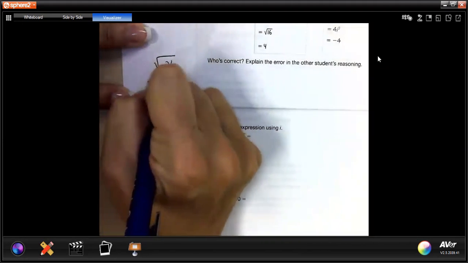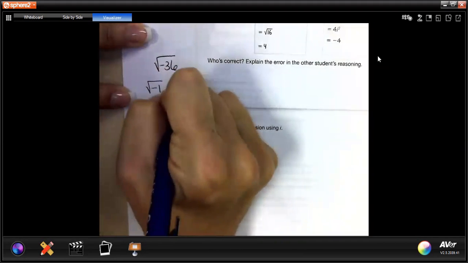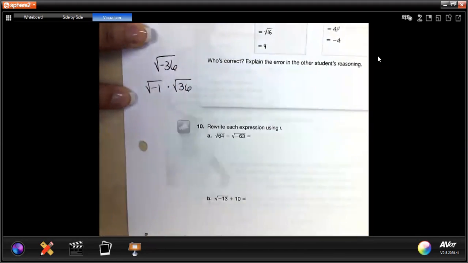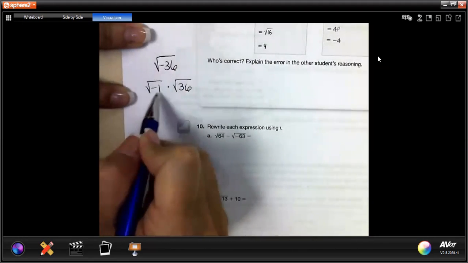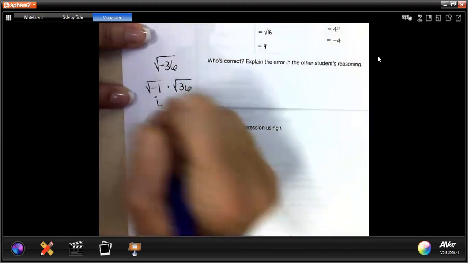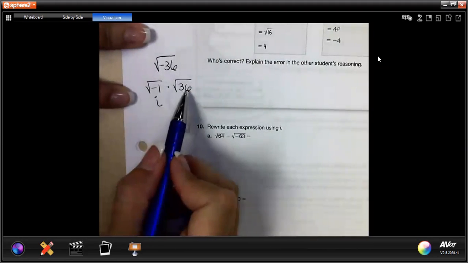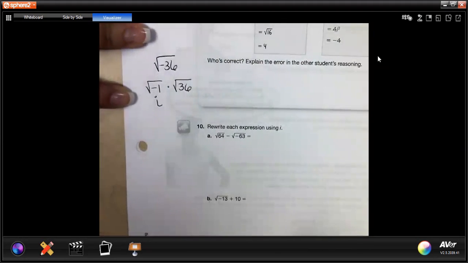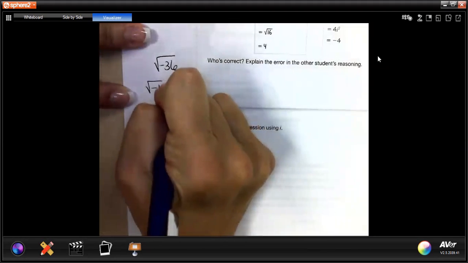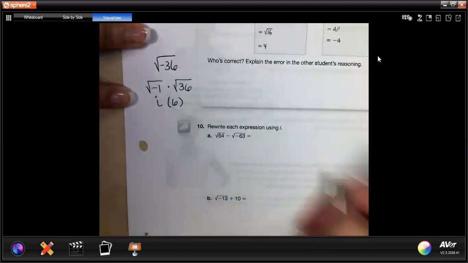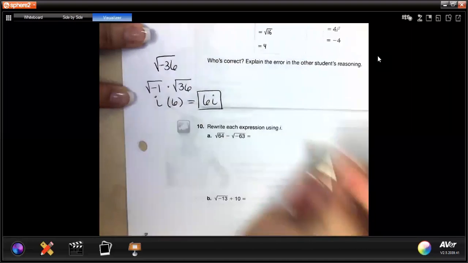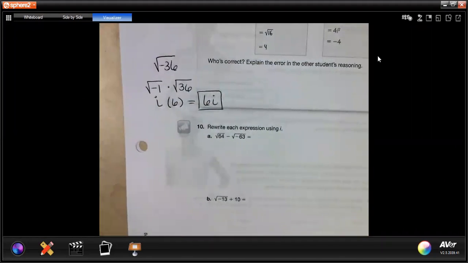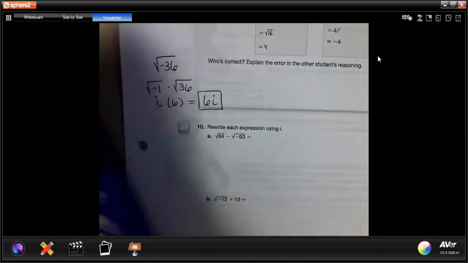We can simplify this to be the square root of -1 times the square root of 36. So we have defined this to be i, and we have defined this to be 6, because the square root of 36 is 6. And so this is equal to 6i. That's how we're going to use that square root of -1 when we're solving, by defining that i.